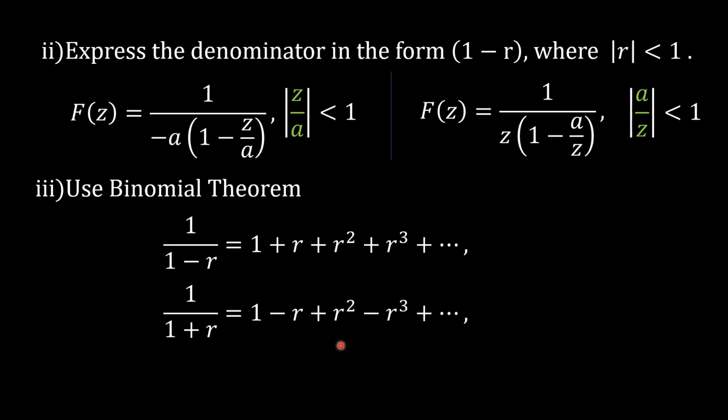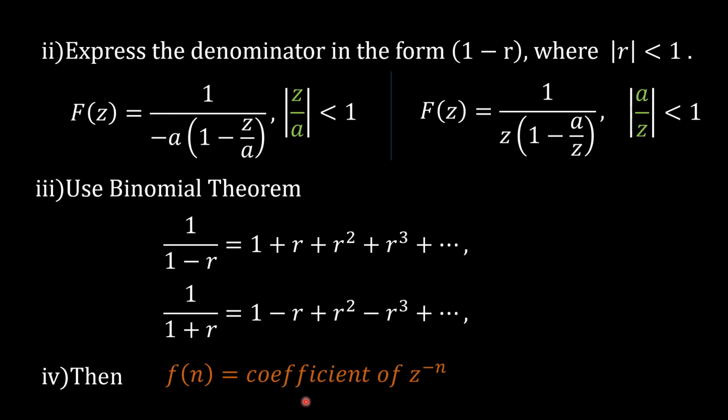Once we apply the binomial theorem to F of z, the inverse Z transform is the sequence f of n, and the general term of the sequence f of n is given by the coefficient of z raised to minus n in the binomial expansion of F of z.